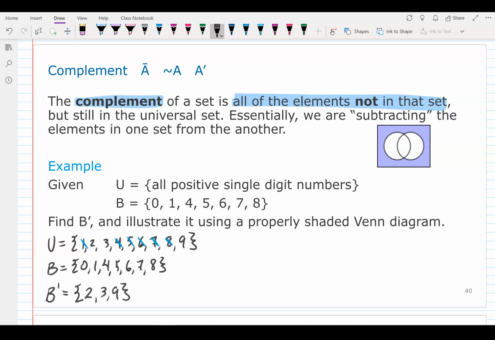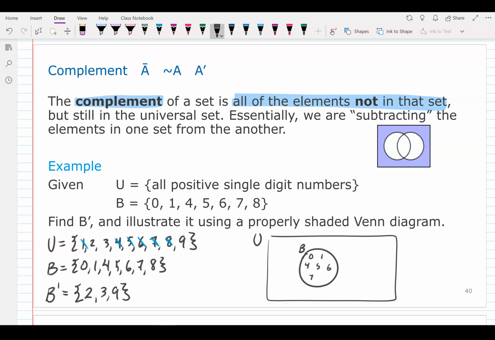Okay? How do we represent that in a Venn diagram? Well, if this is our set U, and this is our set B, what are the numbers in B? Well, 0, 1, 4, 5, 6, 7, and 8. I've used all those up in B. What's left that is still in the universal set?